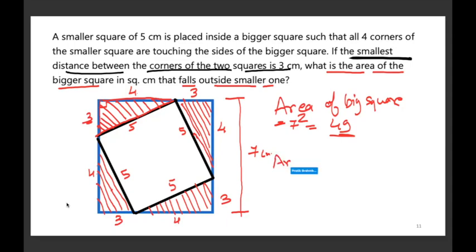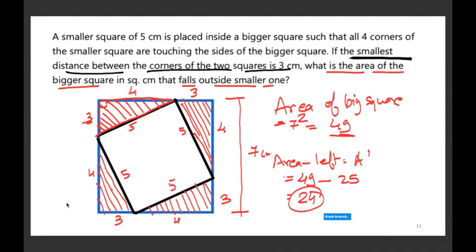So this area left, which is A dash, will be equal to 49, the area of the bigger square, minus the area of the smaller square, which is 25, which is 24. So both the answers 24 and 49 are correct here.